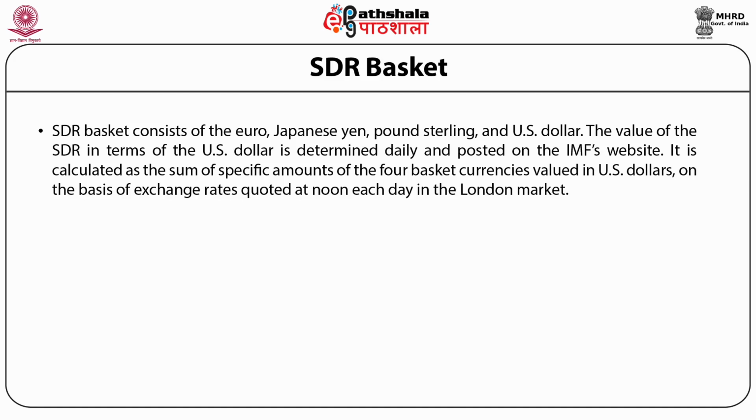It is calculated as the sum of specific amounts of the 4 basket currencies, which are valued in US dollars on the basis of exchange rates quoted at noon each day in the London market.